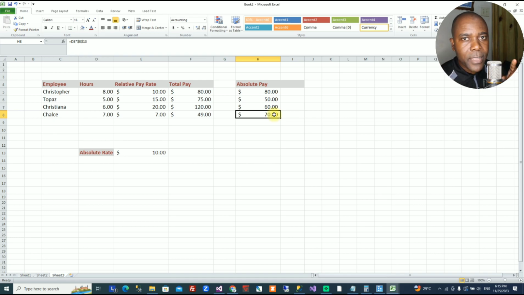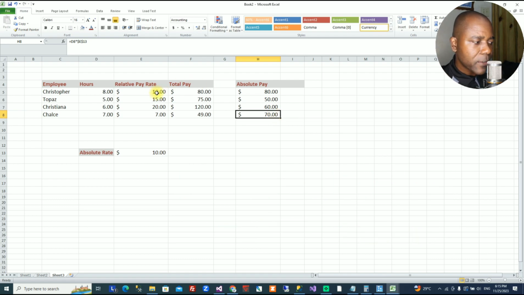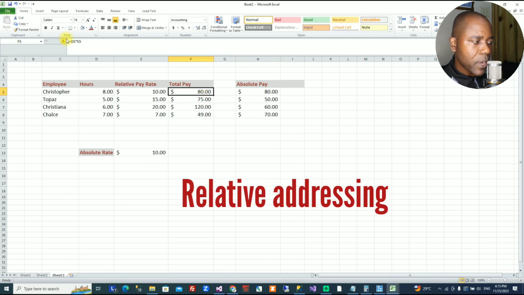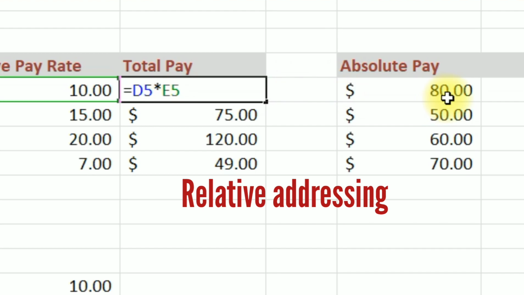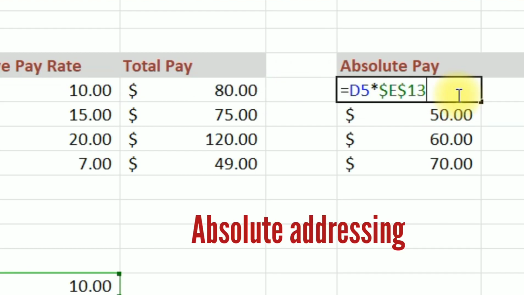The $ before the column and the row makes it absolute. That's the difference with relative rates, no $, D5 times E5, and absolute rates, $ column, $ row.